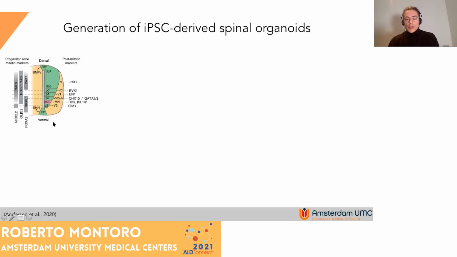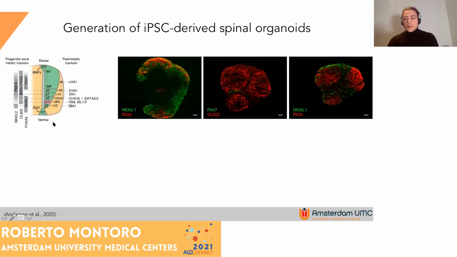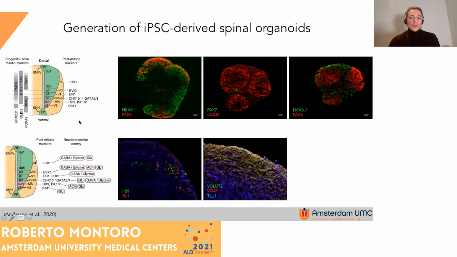And same as before, if we fix, cut, and stain these organoids, we see that we have a variety of dorsal and ventral progenitor areas, here labeled by PAX6, NKX6.1, PAX7, and OLIG2. And these progenitor domains, later on during development, generate different types of neurons.